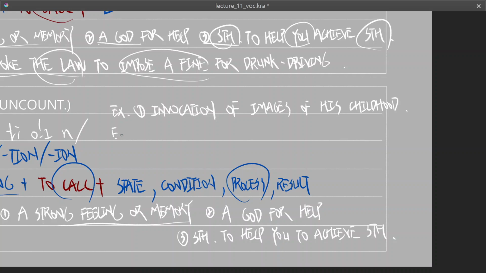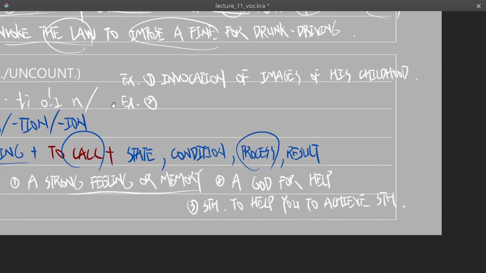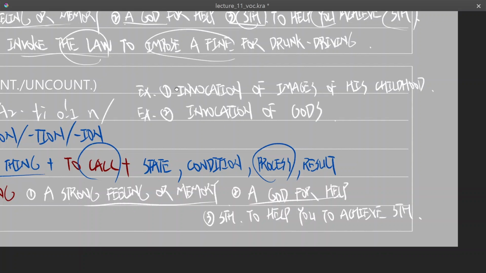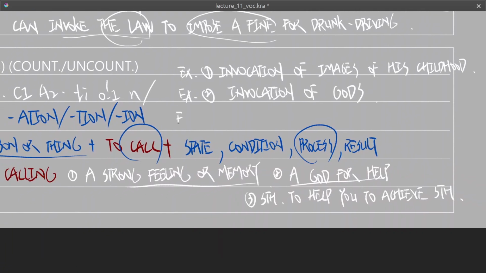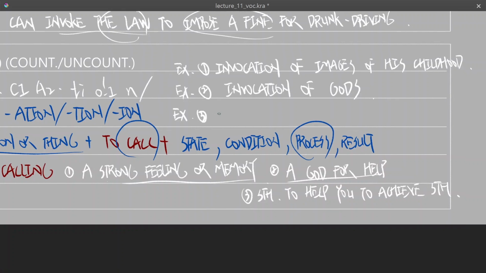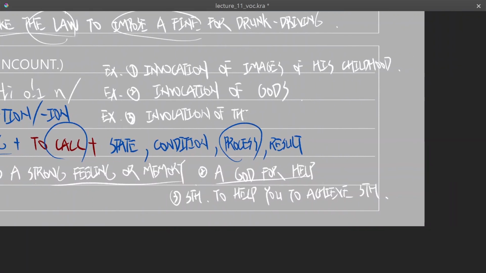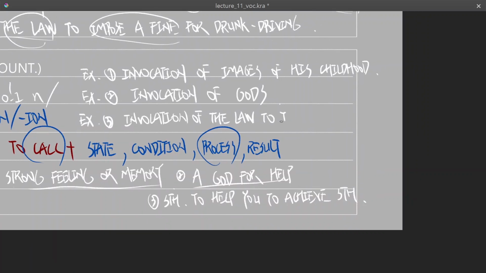Or we could call the gods for help: invocation of gods to help you do something. And we could call, for example, invocation of the law to impose a fine.